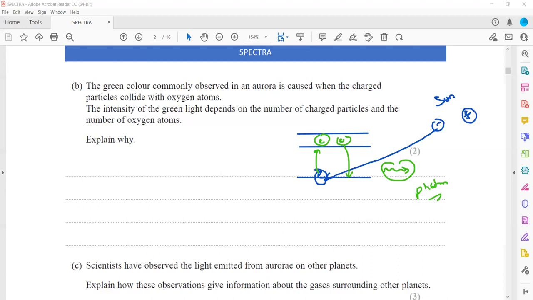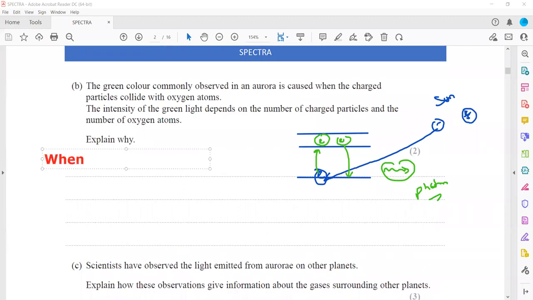As more charged particles enter the Earth's atmosphere, there will be a greater number of collisions between the charged particles and the atoms of oxygen. So there will be more excited oxygen atoms. That is the result: more photons. That's why the intensity will increase.